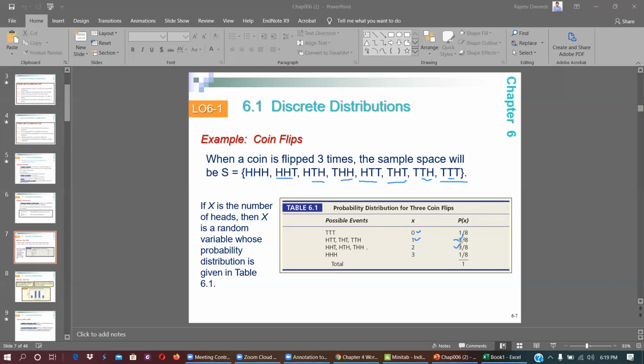Now the third case where you have all 3 heads. So 0 heads, 1 case; 1 head, 3 cases; 2 heads, 3 cases; and 3 heads, only 1 case. So these are the possible events, and therefore this can be arranged in this form.